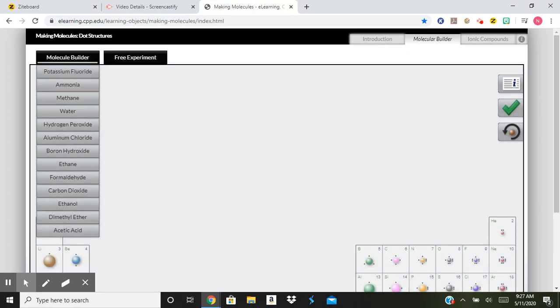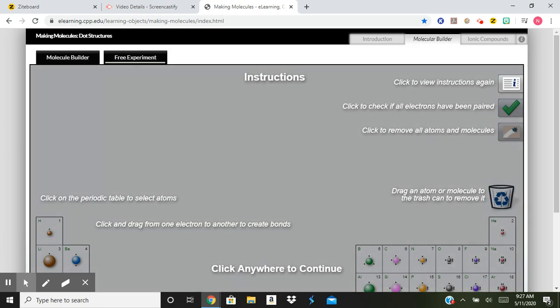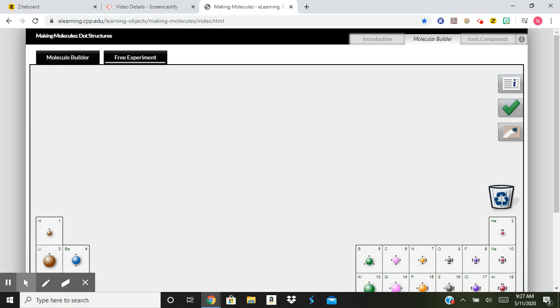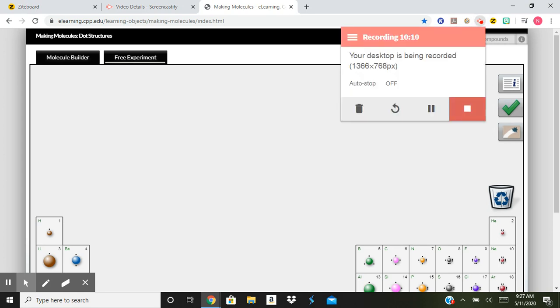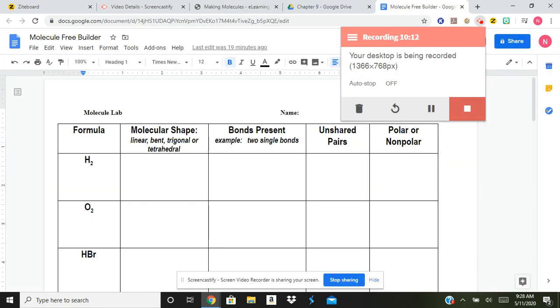And Friday's assignment is you had to go through this list on Molecule Builder. But what you're going to do today is you're going to click free experiment. Okay, so you're going to click free experiment. All right, so you're going to click on the doc that's assigned today. It says molecule free builder. And you're going to fill out the chart.